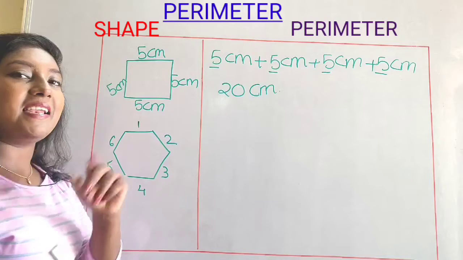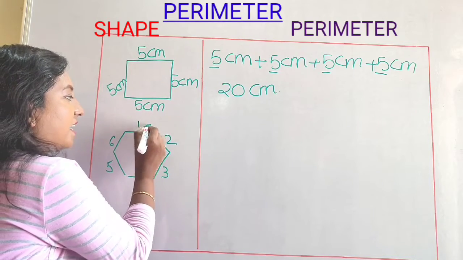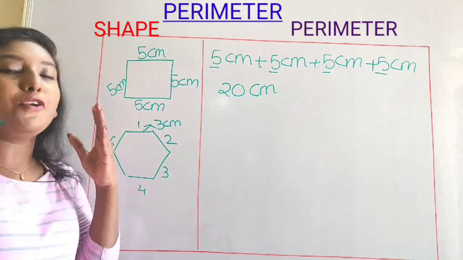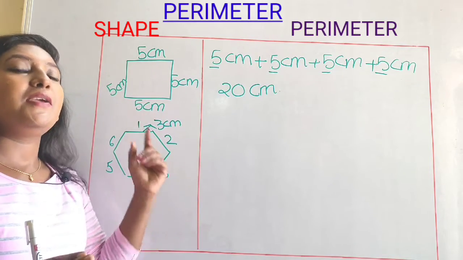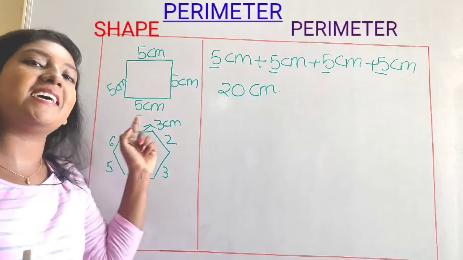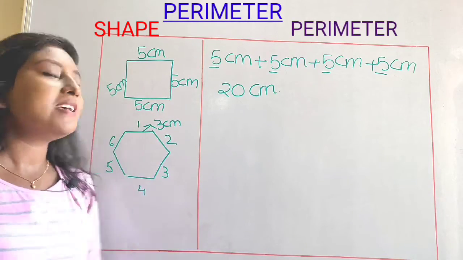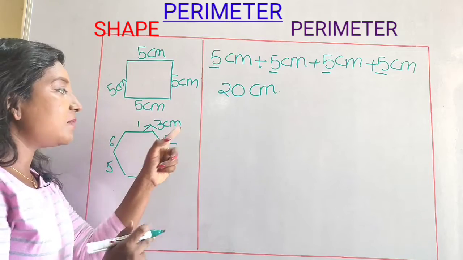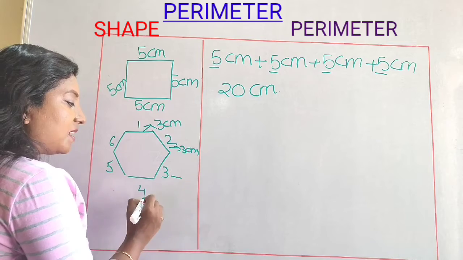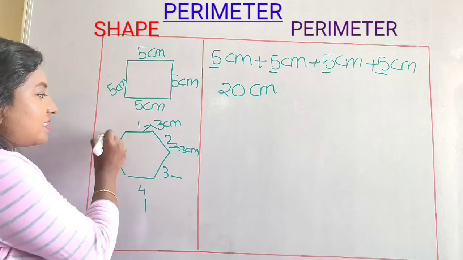Now let's see the length of this side, that is 3 centimeters. If you know one side length, you know all the side lengths because all the sides in a hexagon are equal. So if you have 3 centimeters here, it also has 3 centimeters, and at the same time 3 centimeters, 3 centimeters, 3 centimeters, 3 centimeters.